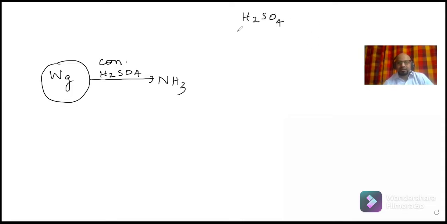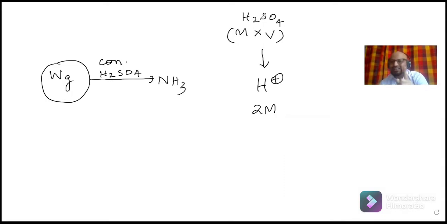Suppose you are taking m molar and V ml of H2SO4. Now what you need to understand is that this H2SO4 is not going to react as a whole. Only the H plus produced from the H2SO4 is going to react. So the concentration of H plus in this particular process will be 2m, because one molecule of H2SO4 produces 2 H plus ions.